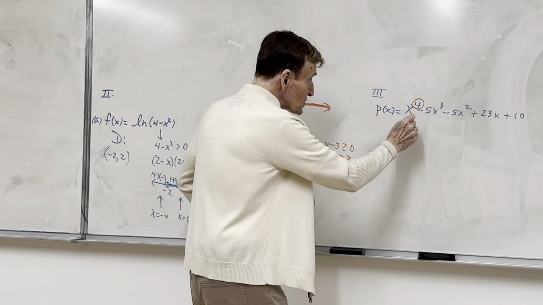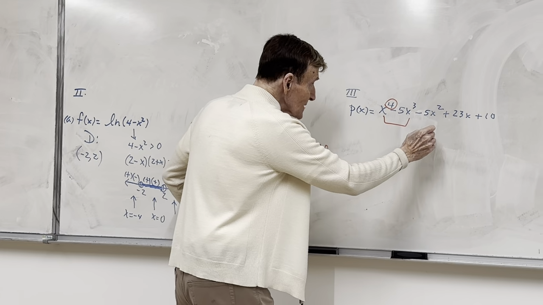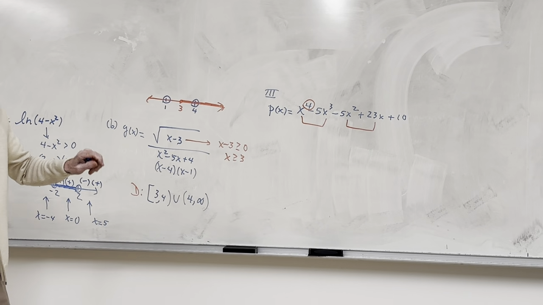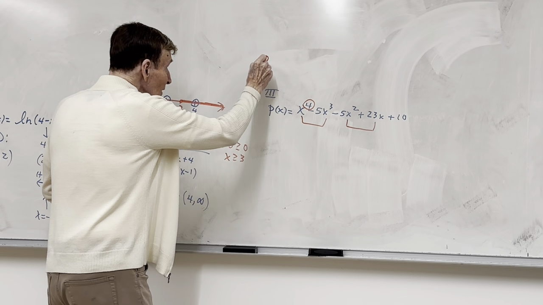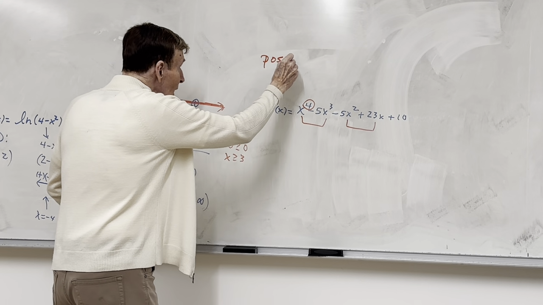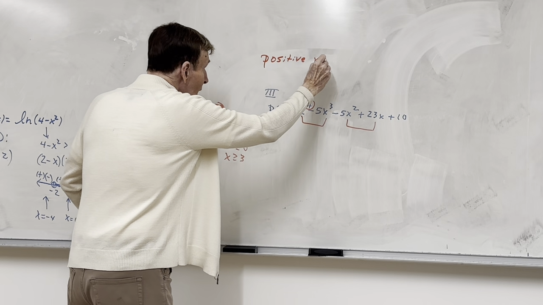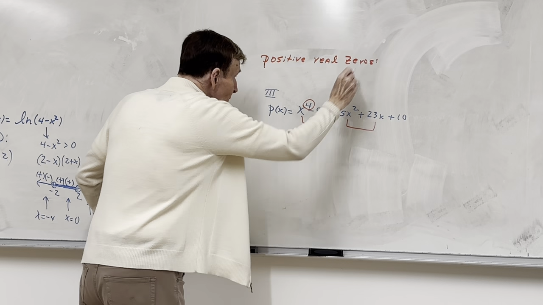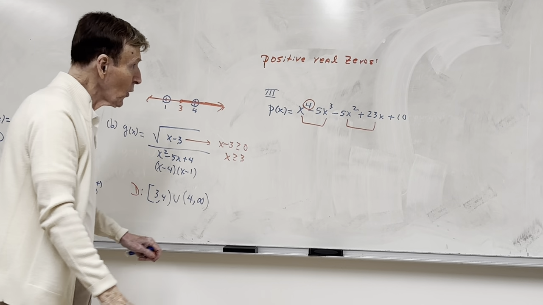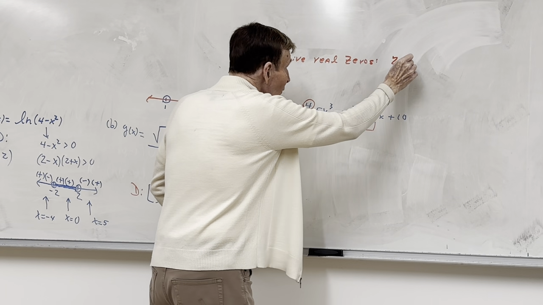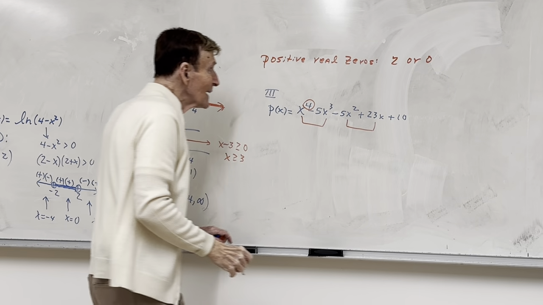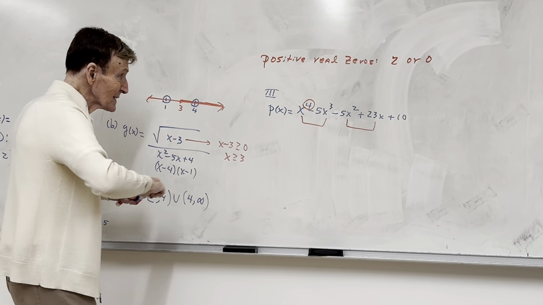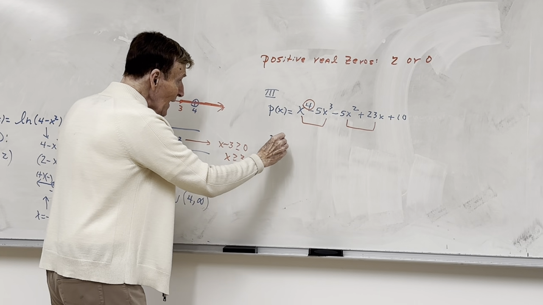The number of sign changes: I see one sign change immediately, and I see another sign change here. I think I see 2 sign changes. So it says the number of positive real zeros will be 2 or none. Now to find the number of negative real zeros, the process says, by Descartes' rule, p of negative x.